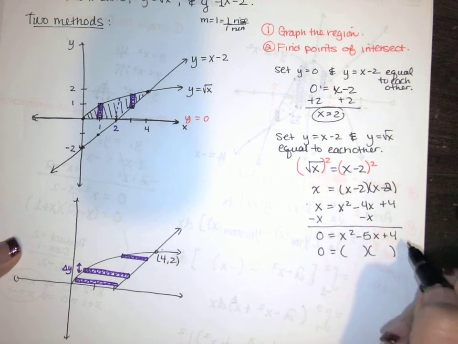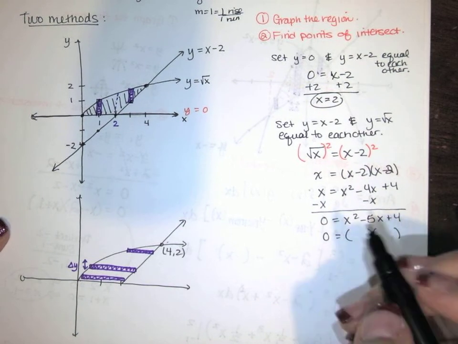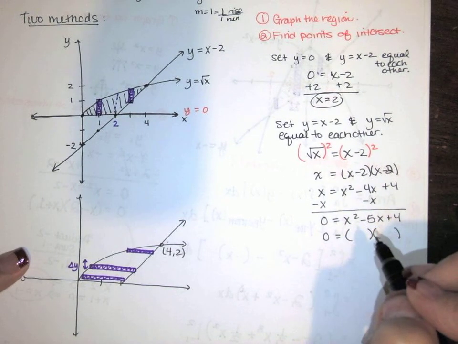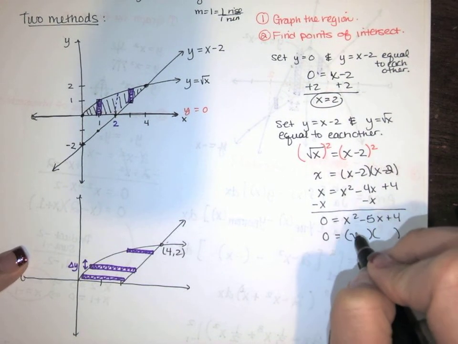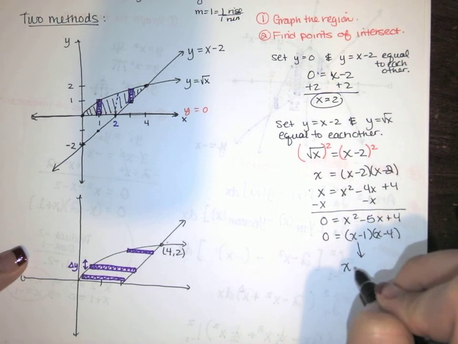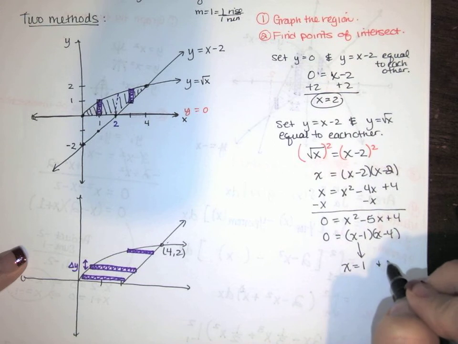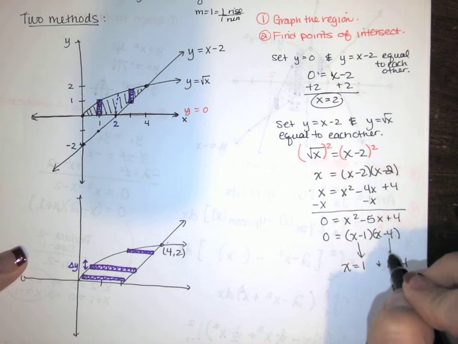I need two numbers that multiply to give me 4 that add to negative 5. I think x minus 1 and x minus 4 will work. So x equals 1 is one possibility, and x equals 4 is another possibility.